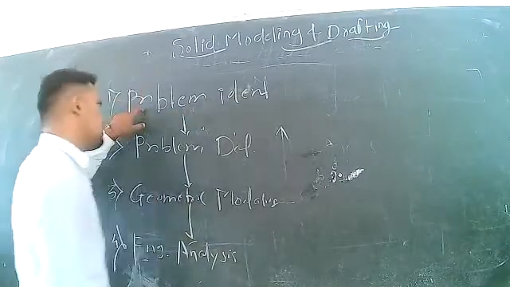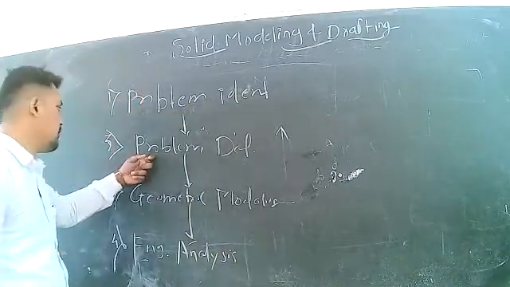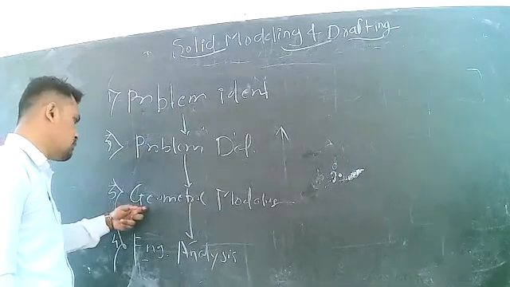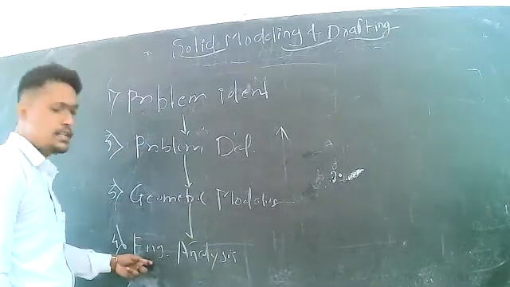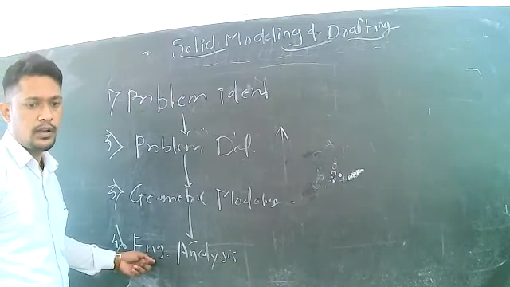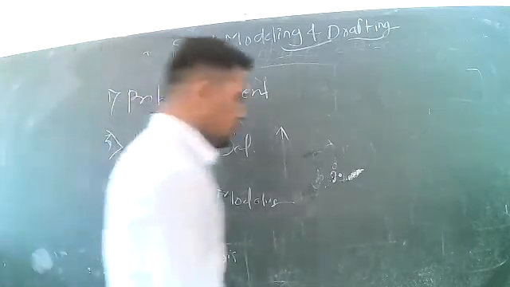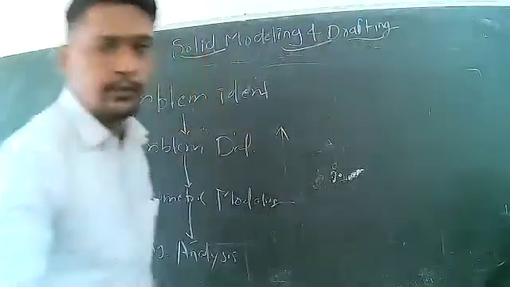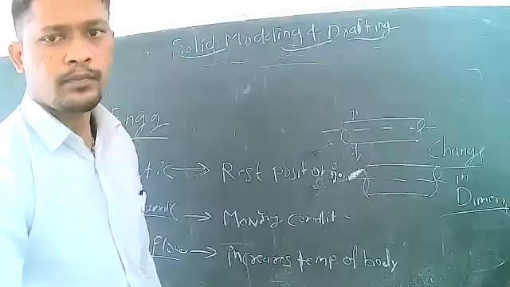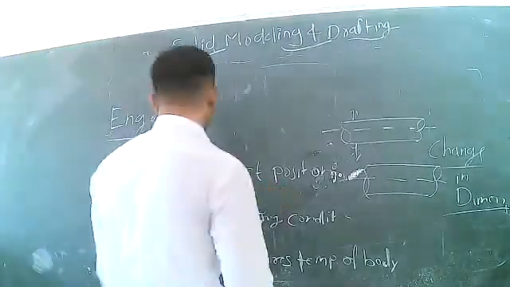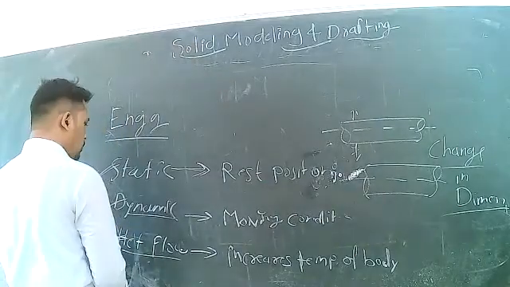These are the four steps. First one is problem identification. Second one is problem definition. Third one is geometric models, and fourth one is engineering analysis. Okay. Change in dimension because of the heat flow.